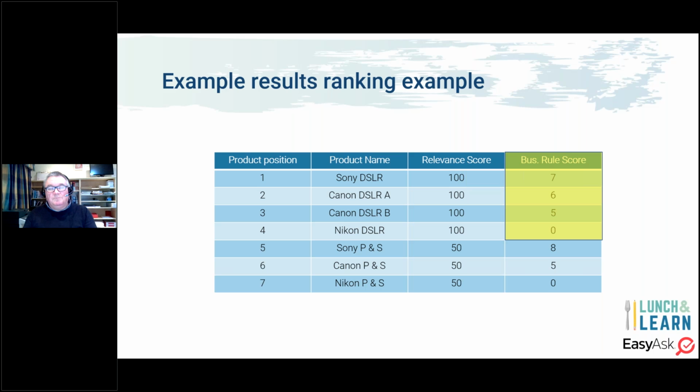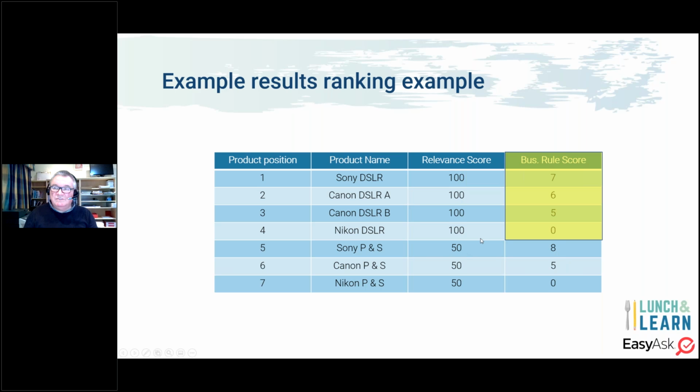So by increasing the business rule score, we are automatically pushing, in this case, the Sony DSLR to the top, because it got a score of 7, and the next one down only got a score of 6, and so on. Notice that even though the item in position 5 got a business rule score of 8, it's not top of the results because it's not as relevant as the other product.